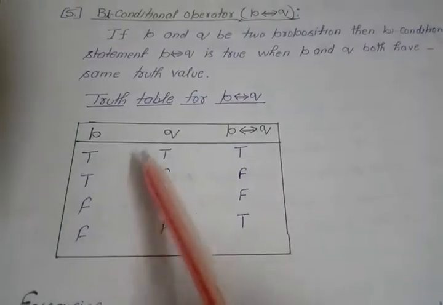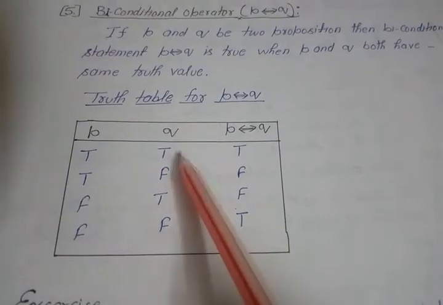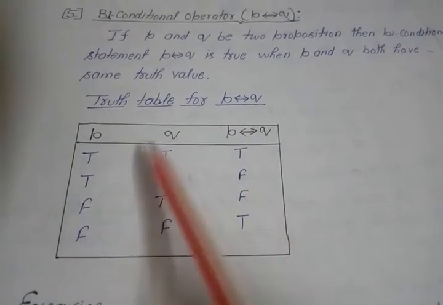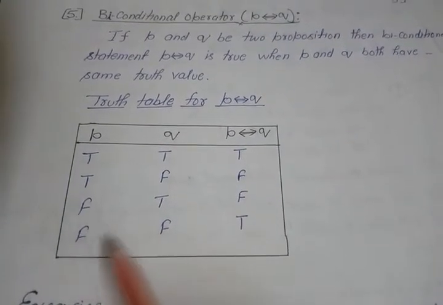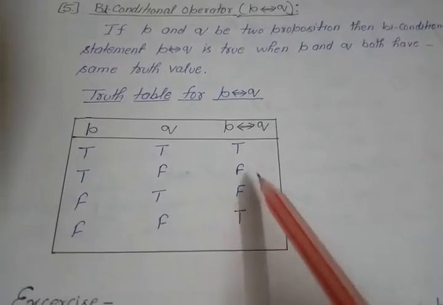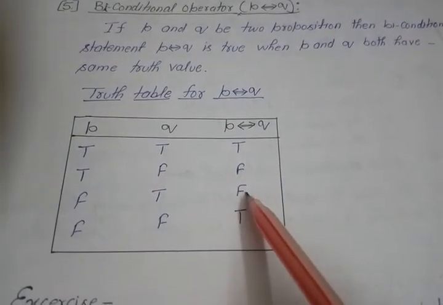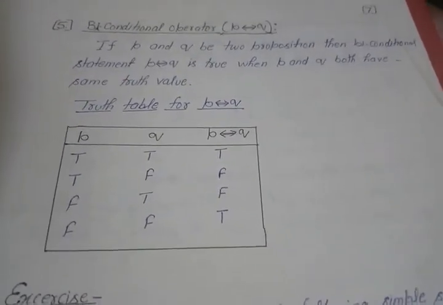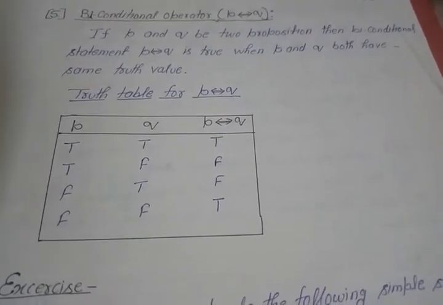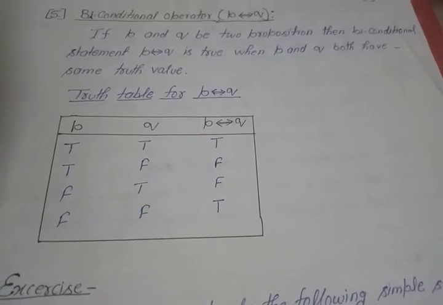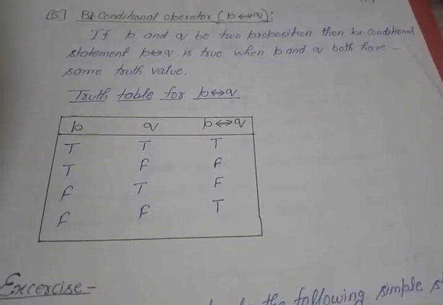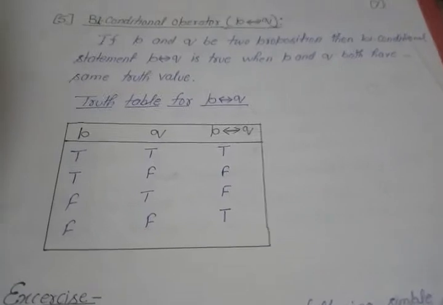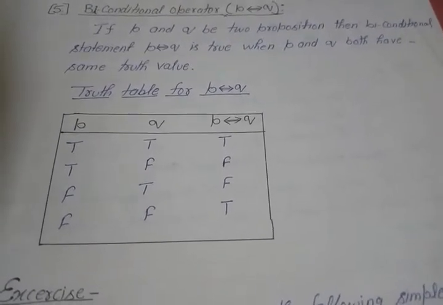Means if P and Q both are T, then this will be T, and if P and Q both are F, then it will be true, and in the remaining two cases it will be F. In layman's terms we can remember it as: if P and Q have the same truth value, then the value of P biconditional Q will be true, otherwise it will be false.